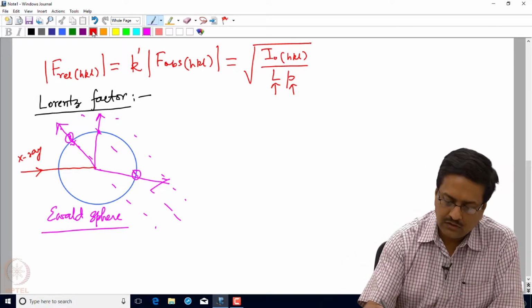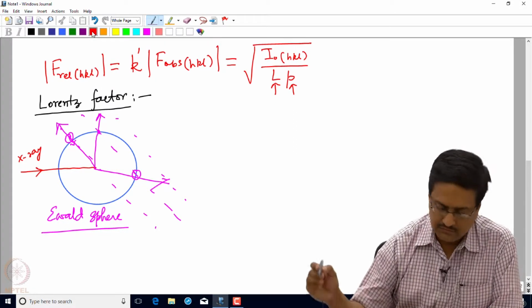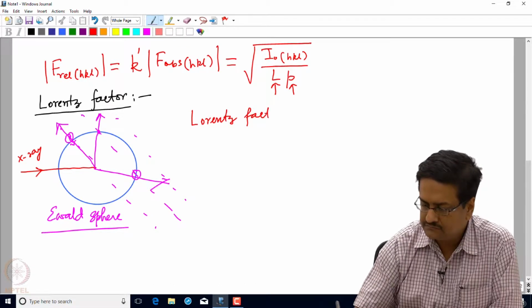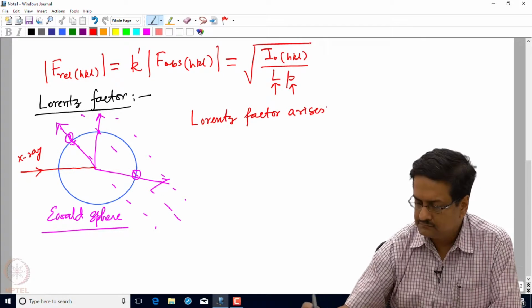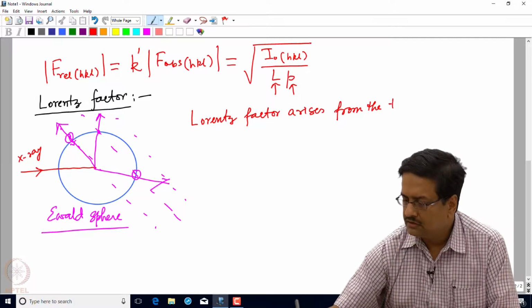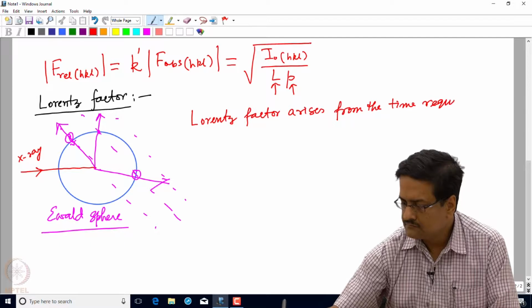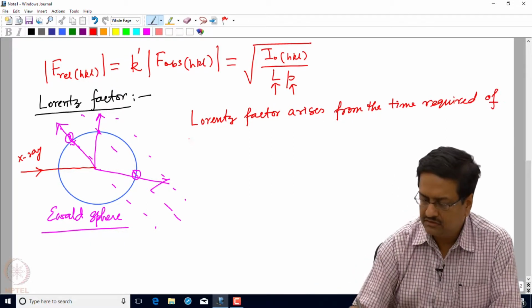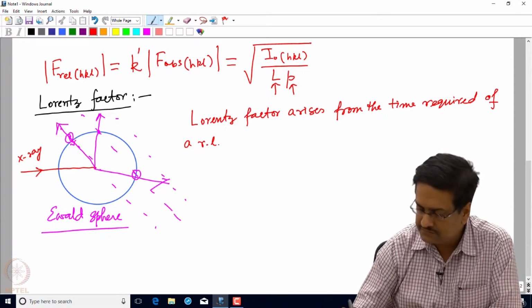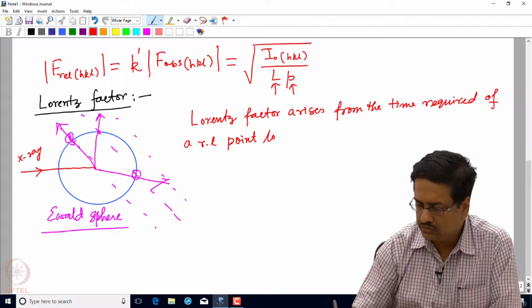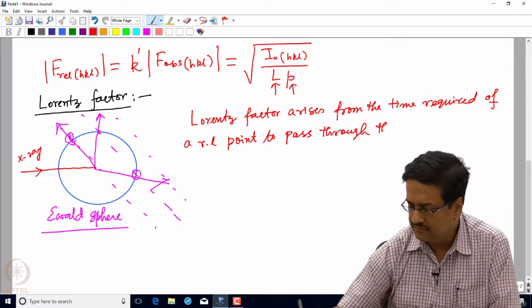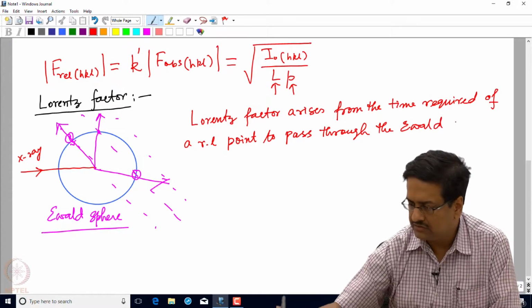So the Lorenz factor arises from the time required for a reciprocal lattice (RL) point to pass through the Ewald sphere.